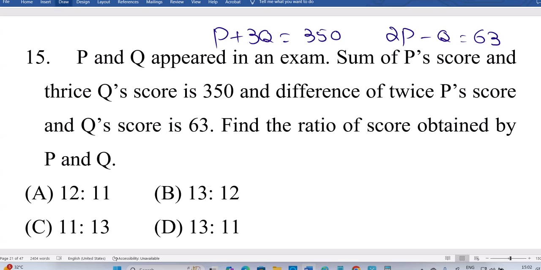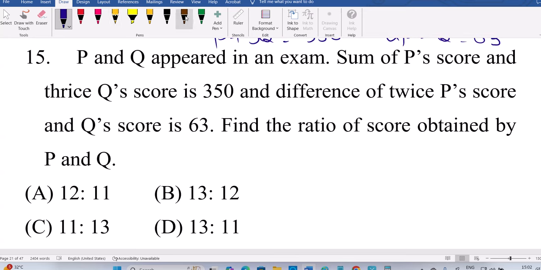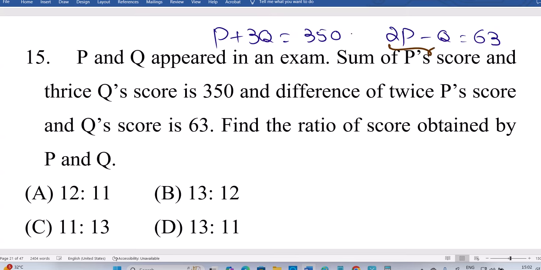Difference between A and B means it may be A minus B or B minus A. I don't know which is bigger. So first you try with that one, and if it's not working, try with the one below.